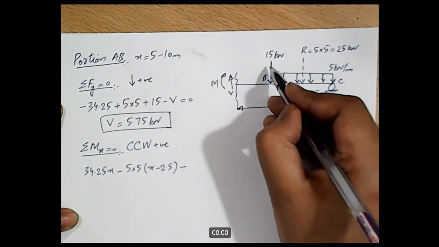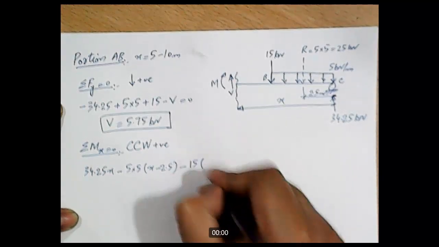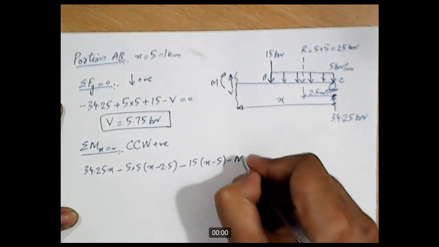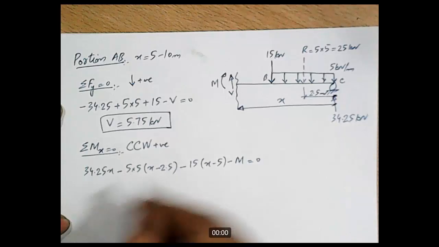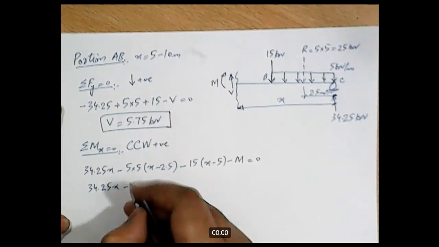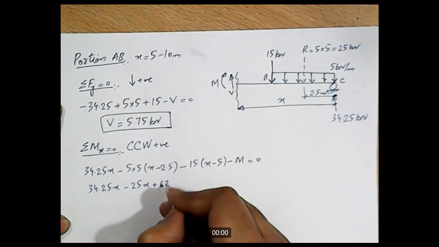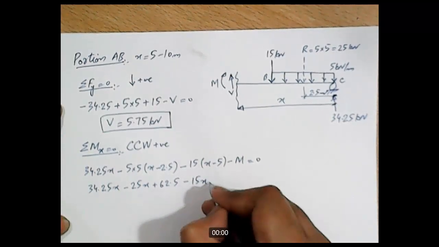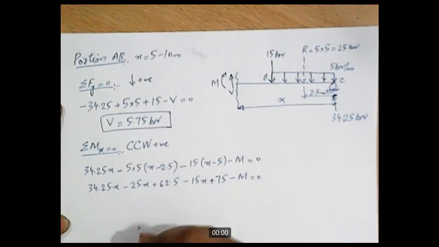And then this point load is also producing moment in clockwise direction about the section. So with a negative sign, 15 into x minus 5, minus M is the exposed moment, and this is equal to 0. Now if we solve this expression, we get 34.25x minus 25x plus 62.5 minus 15x plus 75 minus M, and that is equal to 0.